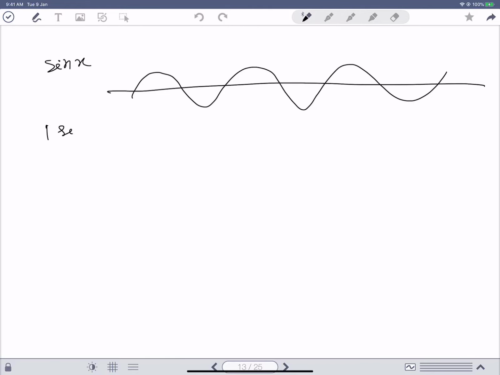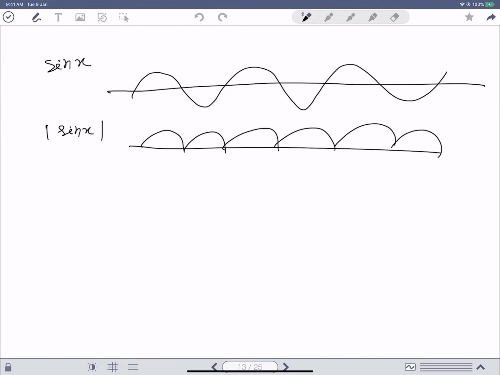Now, when you have mod of sin x, then it will be this way, right. So, there will be some reflection at this point. So, that means f is not differentiable at these points, okay.